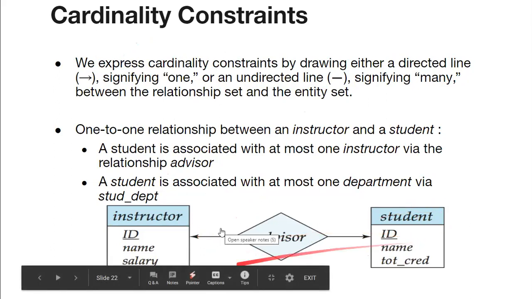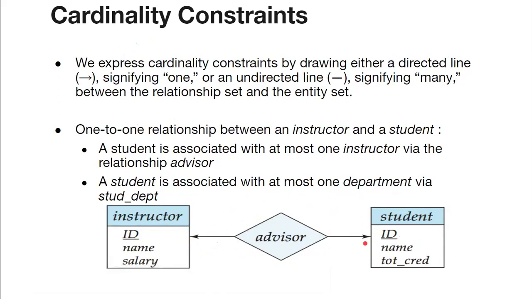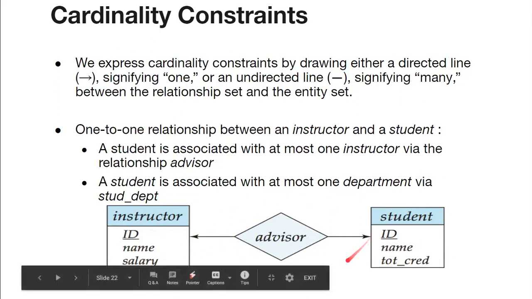If we use this directional arrow, it means it is a one-to-one relationship. Here the instructor entity is related to student with the association and the cardinality is one-to-one. So exactly one instructor is related to exactly one student, or you can say at most, and the directional arrow represents one.